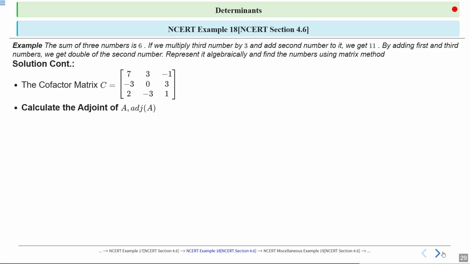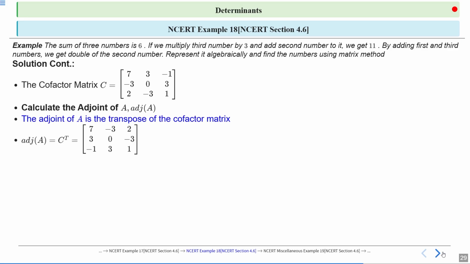To calculate the adjoint of A, we just transpose the cofactor matrix. When we transpose it, the rows of the cofactor matrix become the columns of the adjoint of A. So we get 7, 3, -1 as the first column, the row -3, 0, 3 becomes the second column, and the third row 2, -3, 1 becomes the third column.